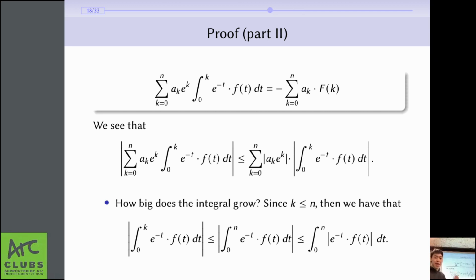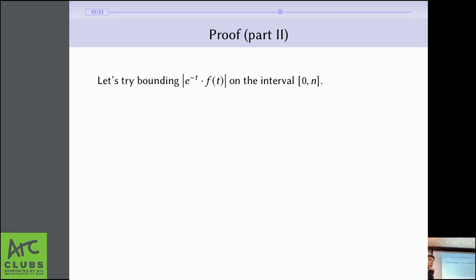So we know that the magnitude of our integral is at most the magnitude of the integral when we swap k with n. And then we can use the fact that this integral is bounded above by the integral of the magnitude of the integrand to then kind of figure out what sort of properties we want this integrand to have. Okay. So the first thing we want to do is to try bounding e to the minus t times f of t on this closed interval 0 to n.